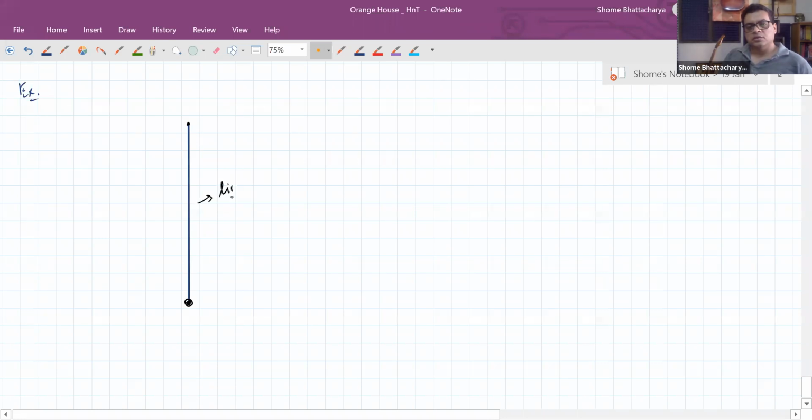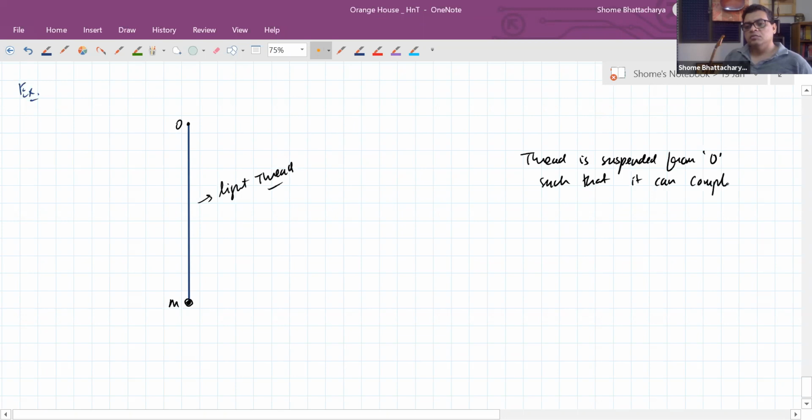So this is a light thread suspended from the point O such that it can describe a circular path, a vertical circular path with respect to the center at O.